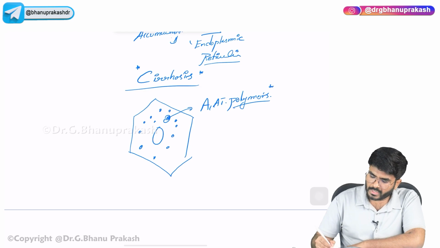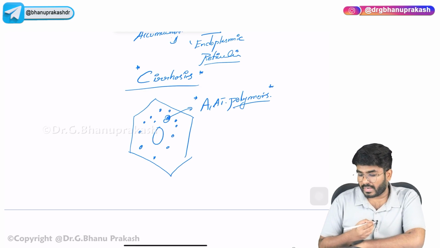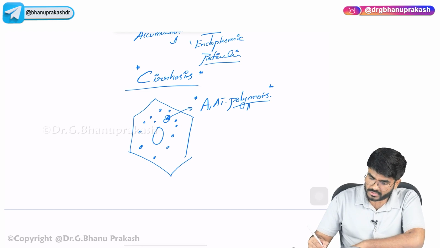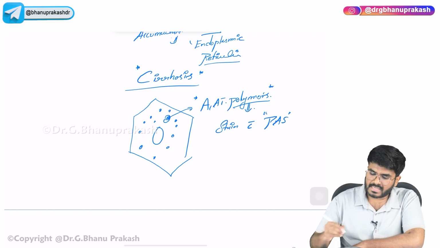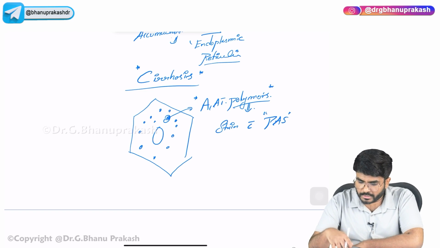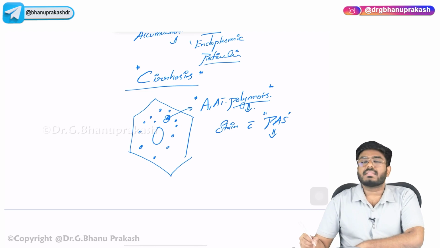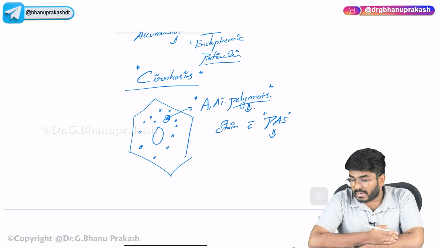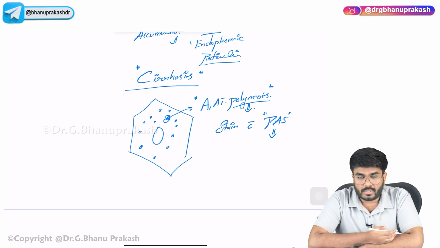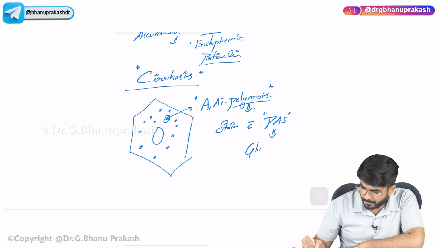How do we identify these abnormal alpha-1 antitrypsin polymers? They stain with PAS, periodic acid-Schiff. What else stains with PAS? Glycogen, which is usually present in the hepatocytes, also stains positive with PAS and comes out pink in color. How do we differentiate between the two?